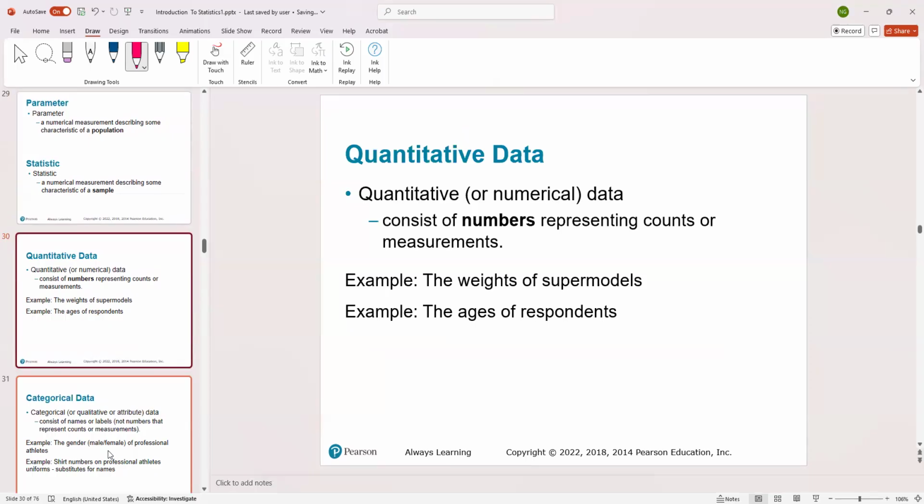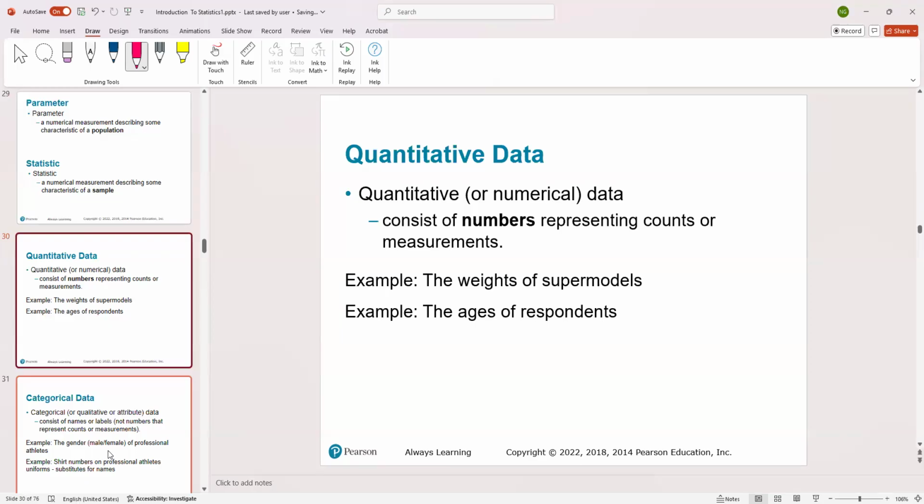Some data are numbers representing counts or measurements, like the weight or height of an adult, age, number of siblings you may have, the amount of money you have in a bank account, the number of yellow M&Ms in a bag. Those are numbers representing counts or measurements.